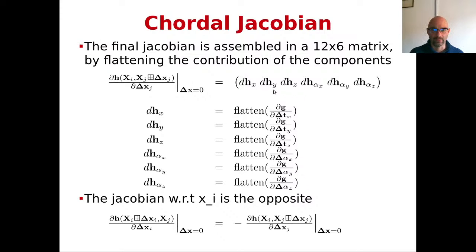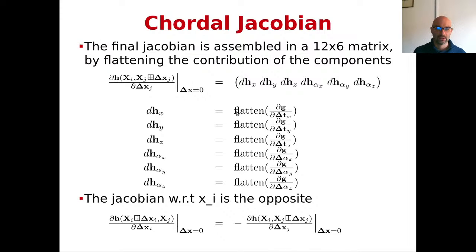We do the same for y, we do the same for z, alpha x, alpha y, alpha z. And this is consistently a 12, because each of these objects here has 12 components, 12 by 6 items. Okay, guys?